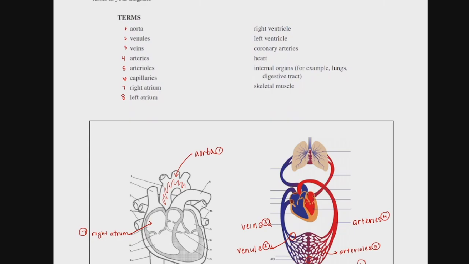The left atrium is therefore right here. The right ventricle is seen right here.